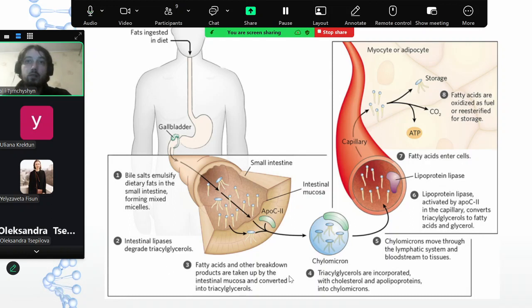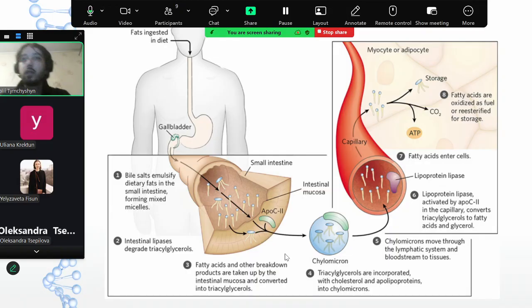Fatty acids and some other breakdown products are taken up by the intestinal mucosa and are converted back into triacylglycerols. So we are first degrading everything, then we are choosing what we need and transporting that, then we are collecting things together to make something more handy for us for the transportation.